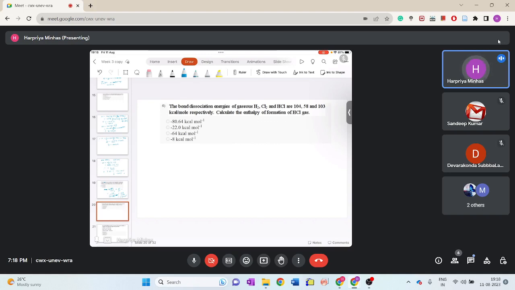So here the bond dissociation energies of gaseous H2, Cl2 and HCl are given, that is 104, 58 and 103 kilocalories per mole respectively, and we have to calculate the enthalpy of formation of HCl gas. Okay, first let me write down the equation, then please try to solve it. This is a very simple equation, right? It's forming your HCl. So balancing the stoichiometry, that is 2HCl.